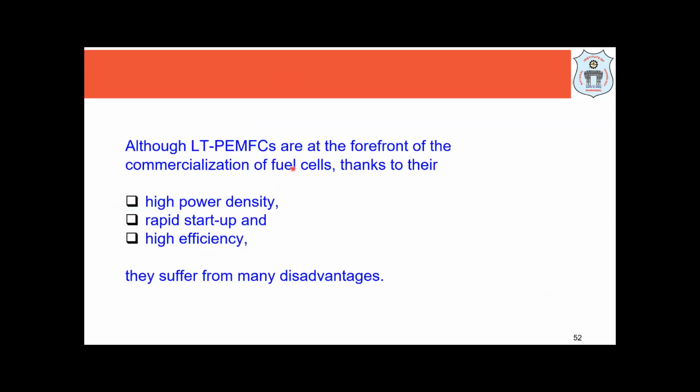Okay, we would like to point out that these low temperature PEM fuel cells are at the forefront of the commercialization of fuel cells, because they have some very good properties of high power density. They can start up quickly. They also have very good efficiency.